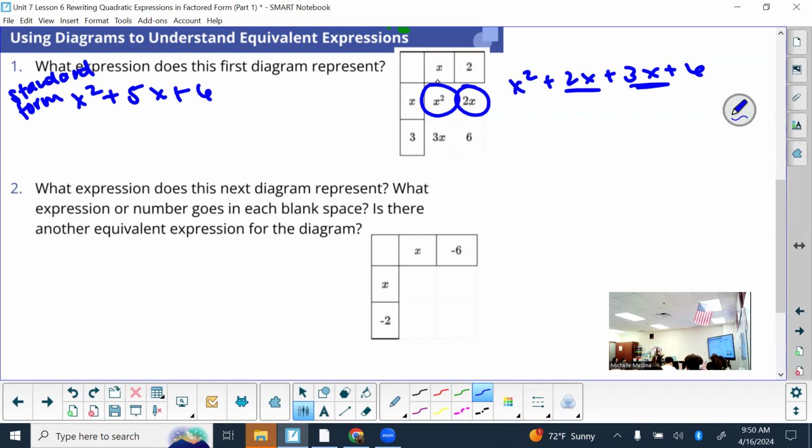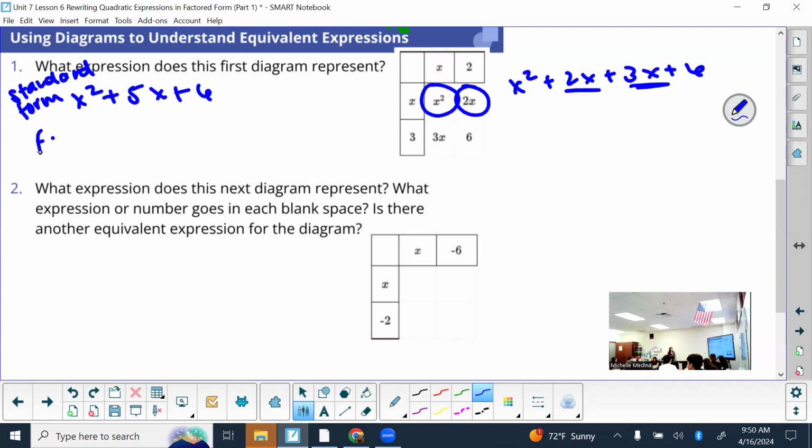So like before we FOIL, before we did the box method, what would it have been? Right, no one? What are some other formats of quadratic expression? We have standard form, what else is there?